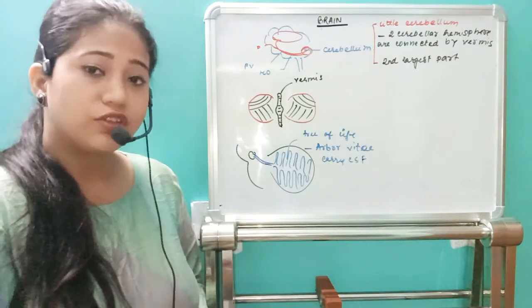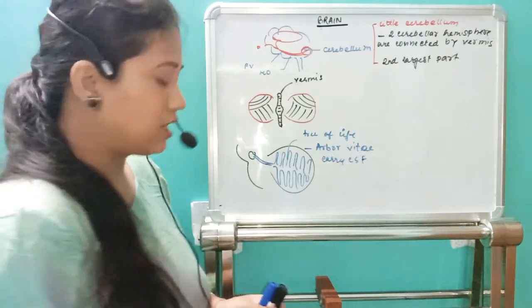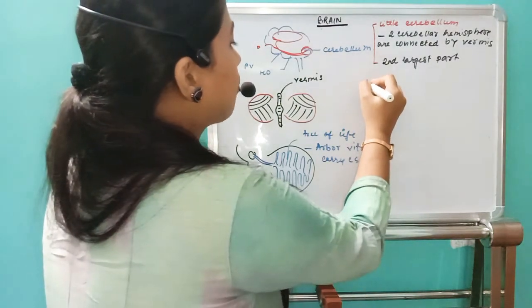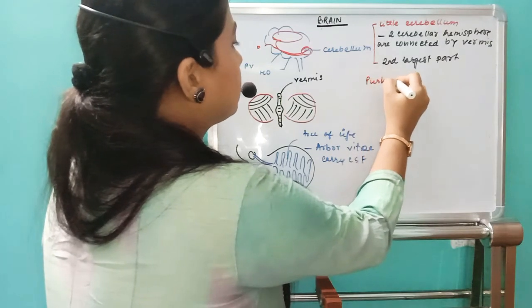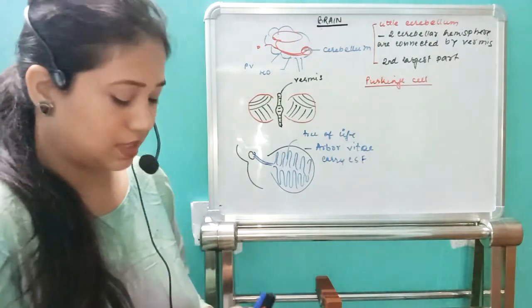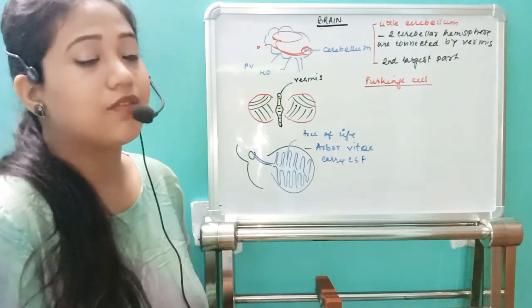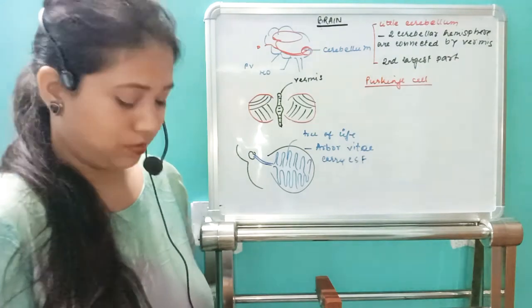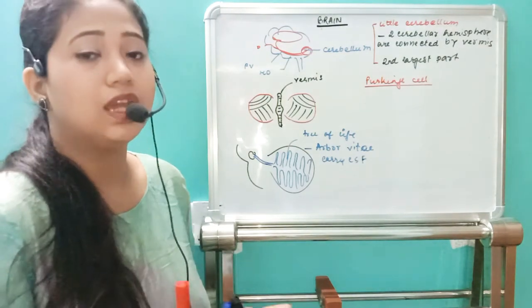And a very important function to tell you is that one very interesting cell is present. That cell is called the Purkinje cell. What is the main function of the Purkinje cells? The Purkinje cells have a unique function: they control our equilibrium, so that we can be in a balanced state.